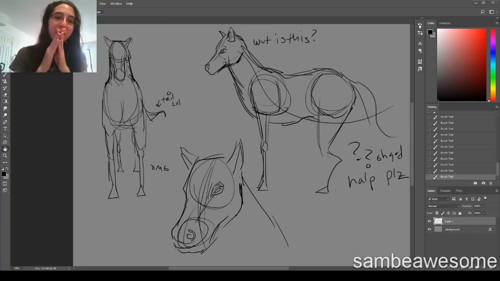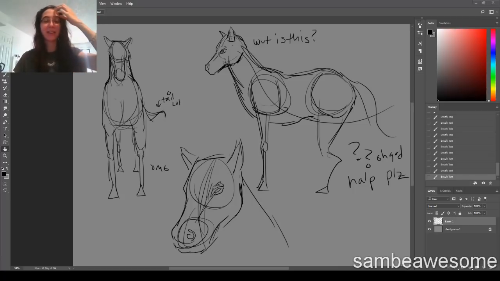Okay, so this didn't turn out as bad as I was expecting, especially this bottom 3/4 shot here. I honestly don't remember what the back legs of horses look like. Do they have back legs? So this part is done from memory.